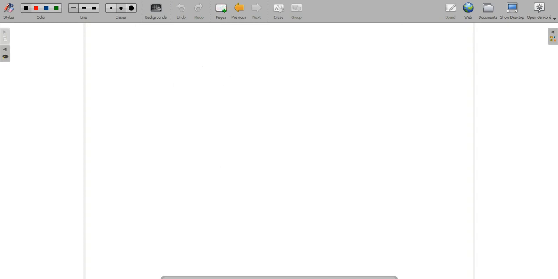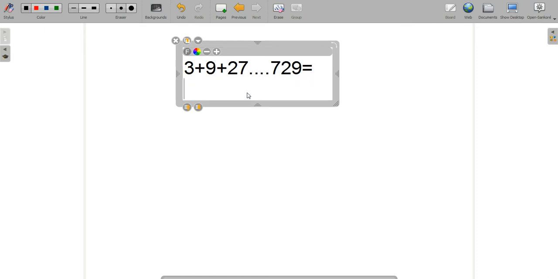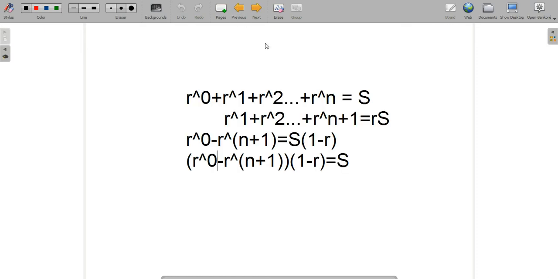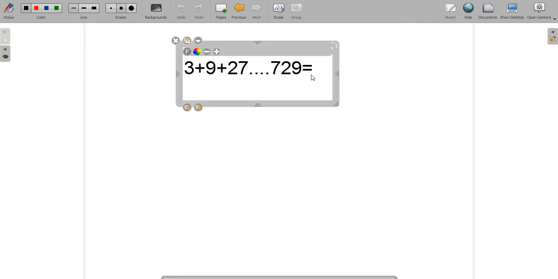So now let's do some examples. 3 plus 9 plus 27 dot dot dot 729. What does this equal? Well, if we remember our formula, it's the first number minus the last number times the geometric factor.